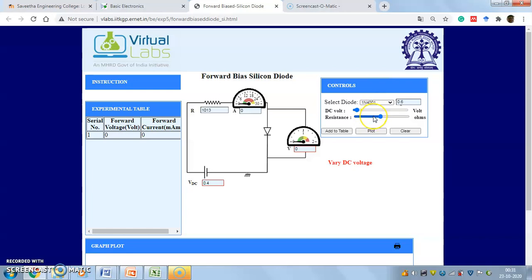Don't change the resistance, and add to the table. There is no change, it appears as 0, because the minimum voltage is 0.6 for a silicon diode. So now I can vary the DC voltage up to 0.6.